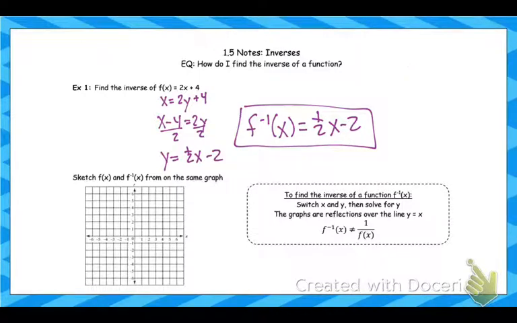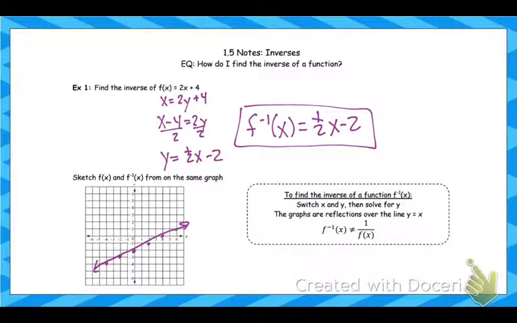All right, so let's look at what these graphs look like. I'm going to graph the inverse first. That had a y-intercept of -2 and a slope of 1/2, so up 1 over 2, up 1 over 2. That is my inverse graph.